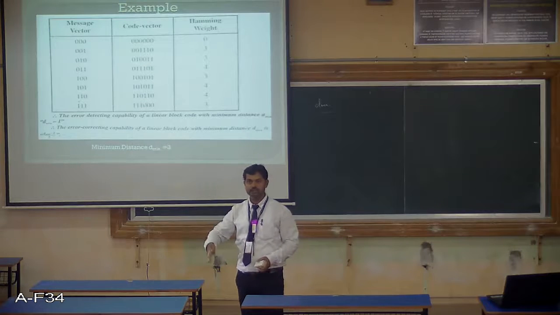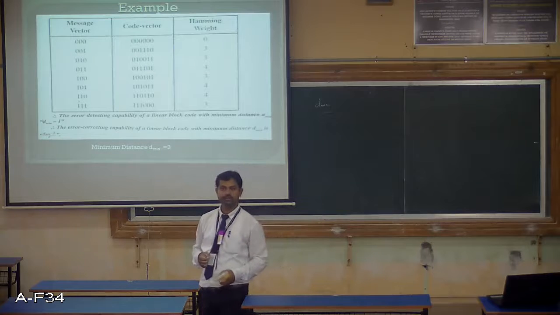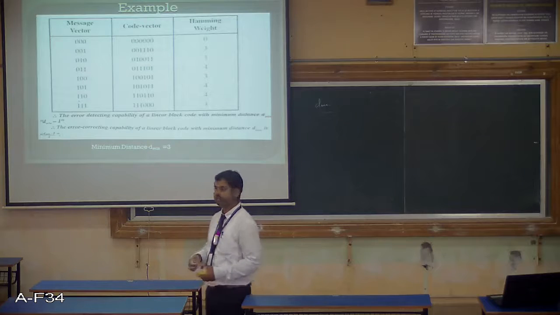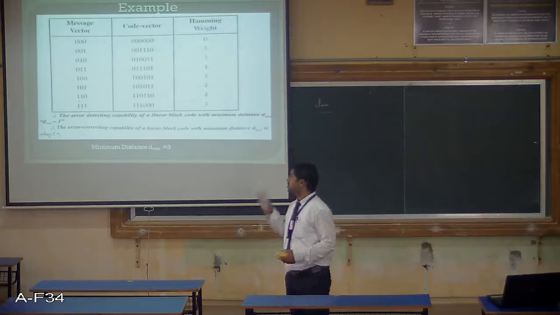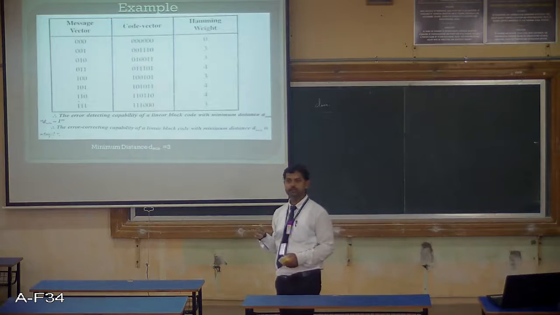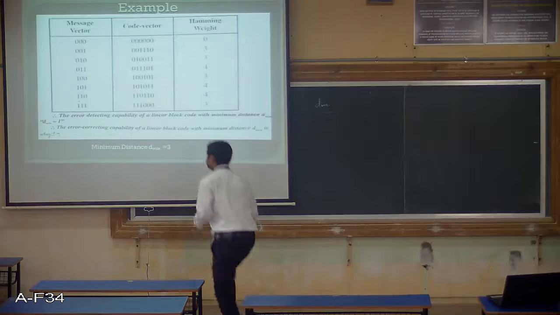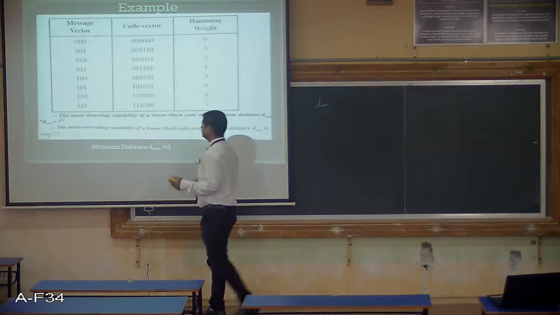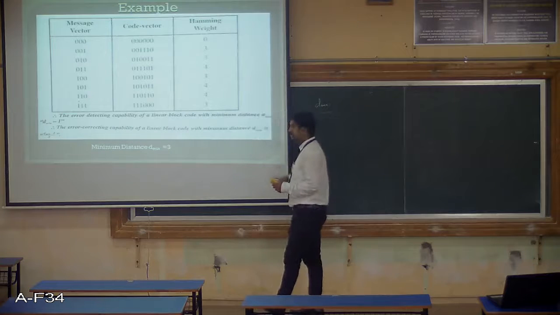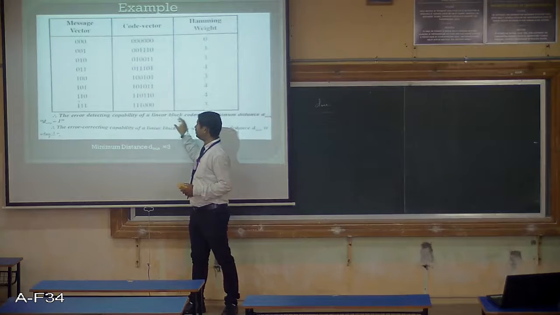So you can list out some distances, and the very minimum value is D minimum. Without that table also I can define my D minimum, the minimum Hamming distance. The formula for that, we'll see in the next part, the error detecting capability of LBC.